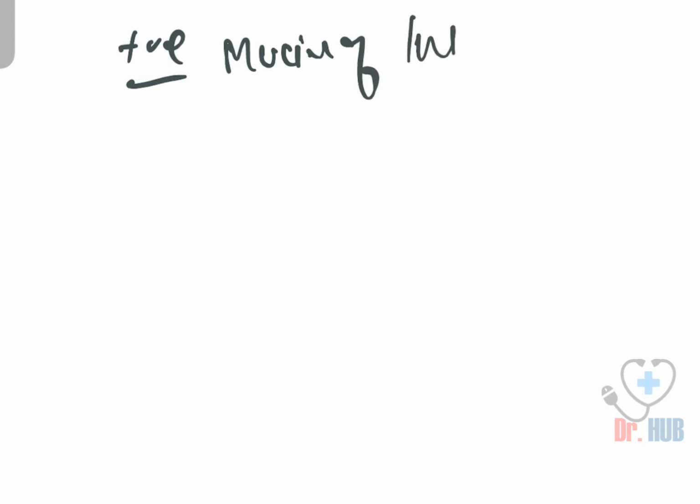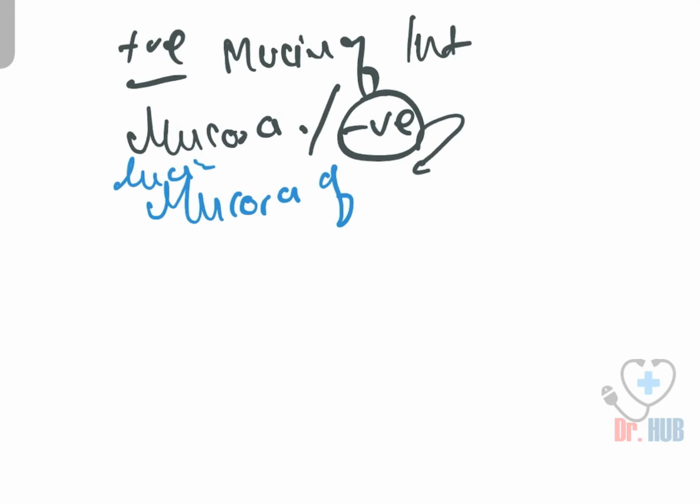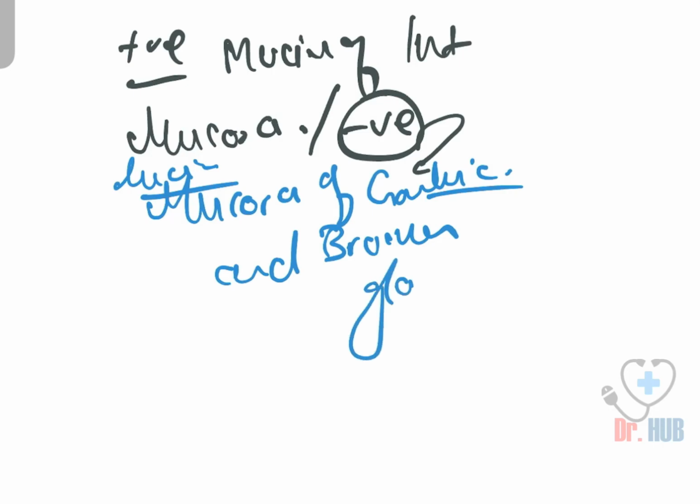The staining is positive for the mucins of the intestinal mucosa, and it is negative for the mucins of the mucosa of the gastric region and also the Brunner's gland.